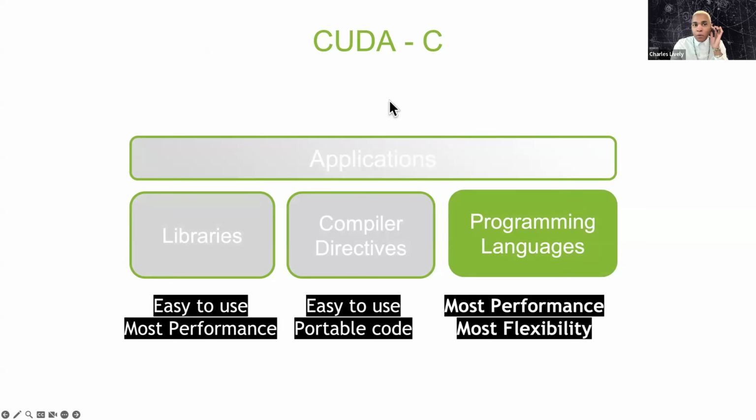All right. And so one way that we can discuss how to make our applications portable and easy to use is by understanding CUDA C. CUDA C is basically just a wrapper for the C programming language. That's really all it is, to enable accelerated computing through the GPUs using C constructs.